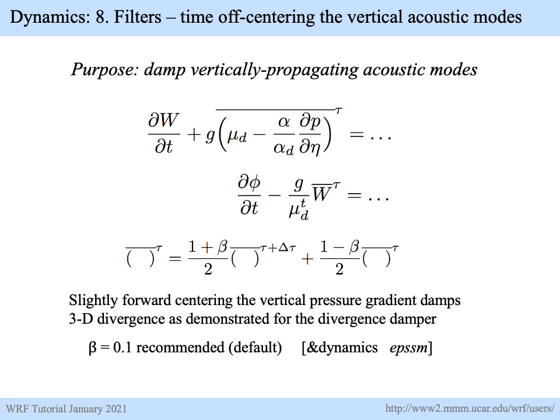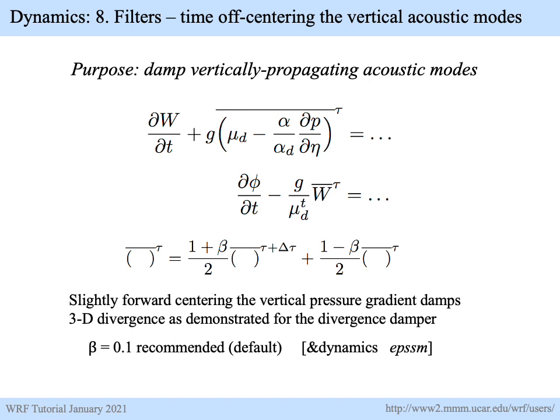There's another damping mechanism for acoustic modes that applies to the vertically propagating modes. In the vertically implicit integration of the acoustic modes, in the acoustic integration, the time split approach, there were time averages over both the pressure gradient and buoyancy force terms in the vertical momentum equation and over the W term in the geopotential equation.